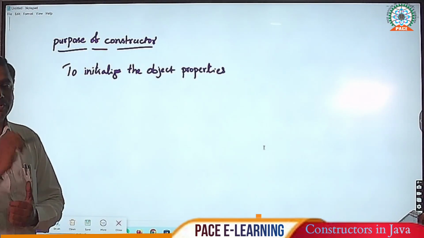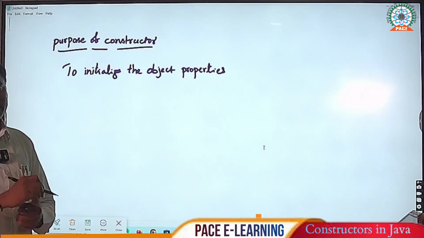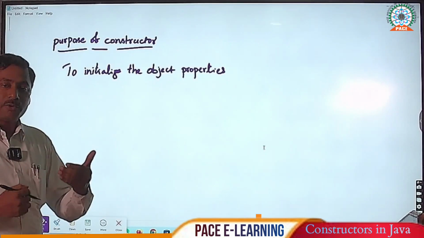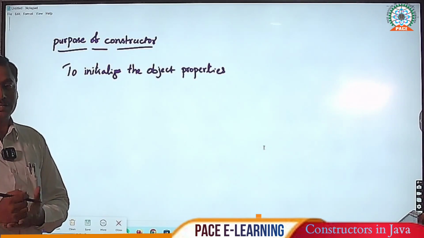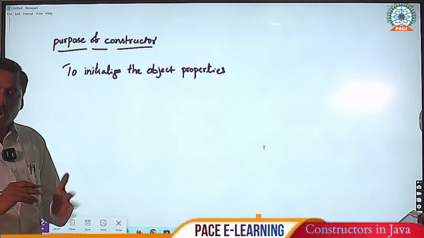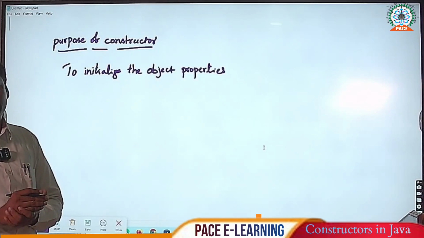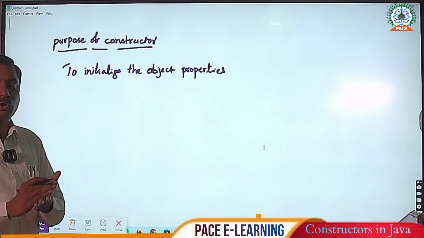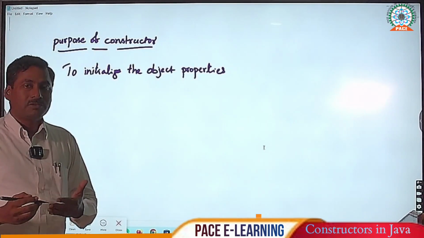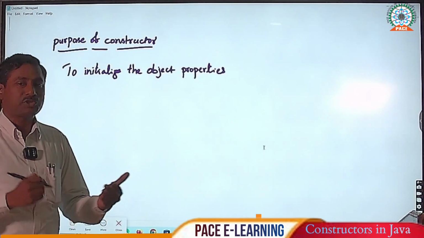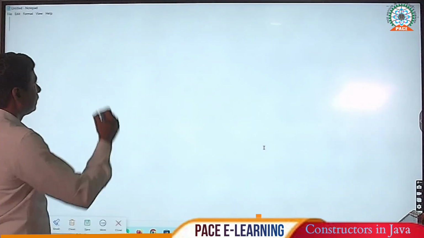Your compiler takes the responsibility to write that constructor inside your class without your knowledge. Whether you have written one or not does not matter. If you write the constructor, it will be considered. If you are not writing a constructor in your class, by default there is a constructor called the default constructor. Till now, without your knowledge, you worked with a constructor. Of course, that is called the default constructor.